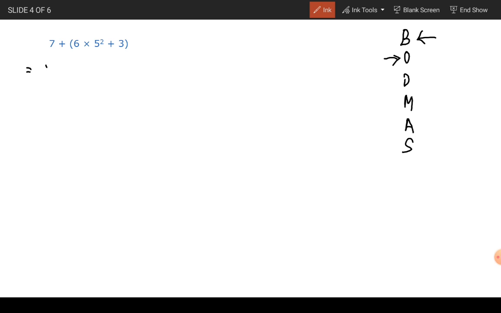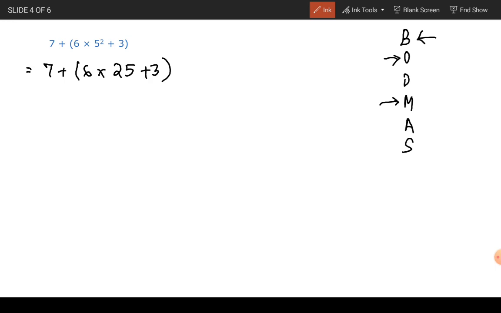So I can write that as 7 plus 6 into 5 square is 25 plus 3, and I close the brackets. Now we are still trying to solve the bracket. Inside the bracket we have a multiplication sign and we have an addition sign. As you can see, M comes before the addition.